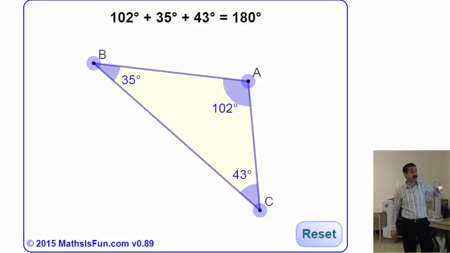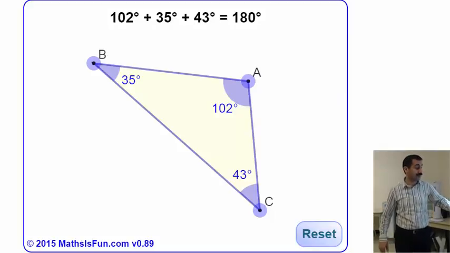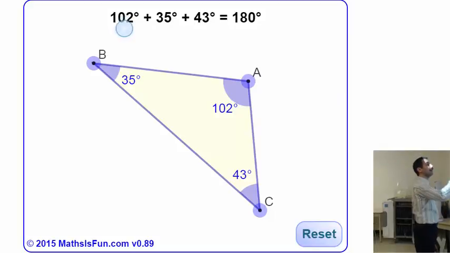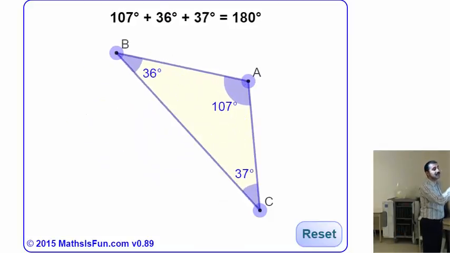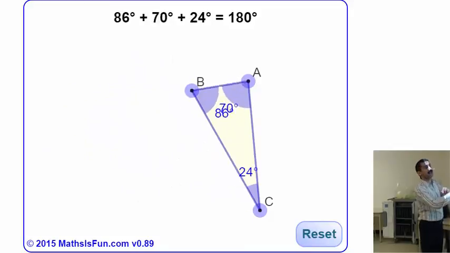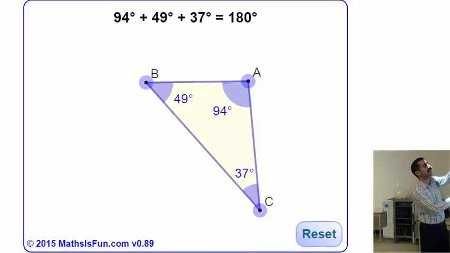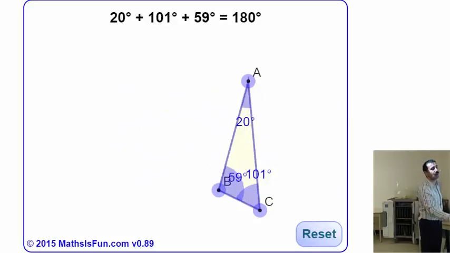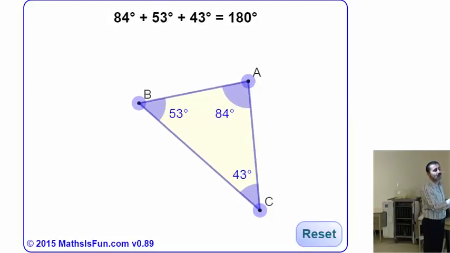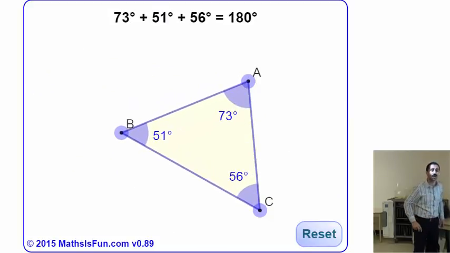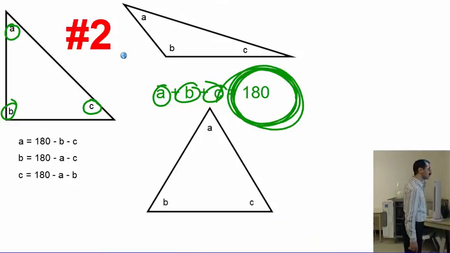Now numbers are different, 35, 102, 43, but look up here, you also get 180 degree. It just doesn't matter how you play. You see the number there, 180 degree, that doesn't change. It will always be 180 degree no matter what angles you will have in a triangle. So that's rule number two.